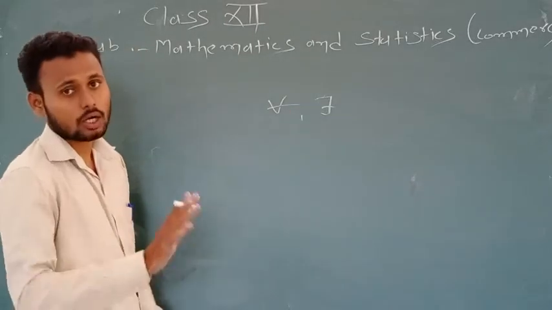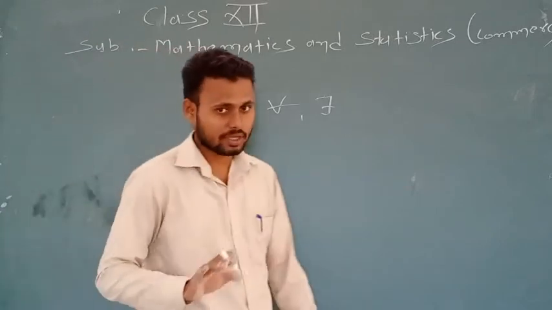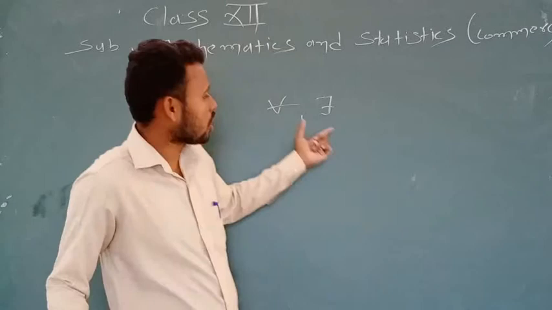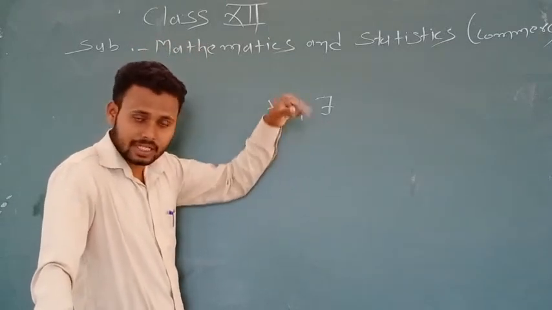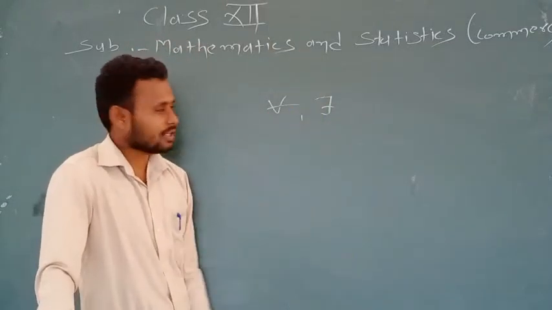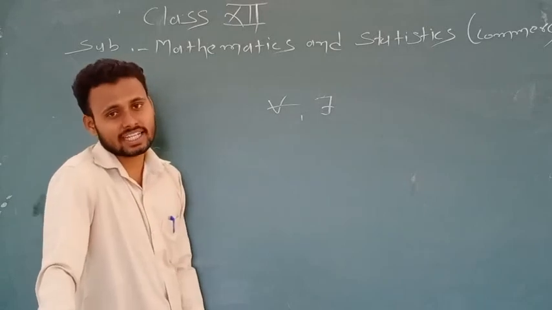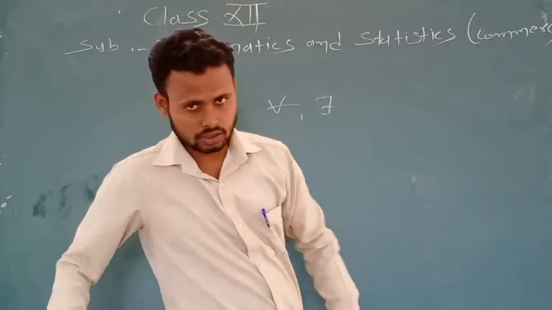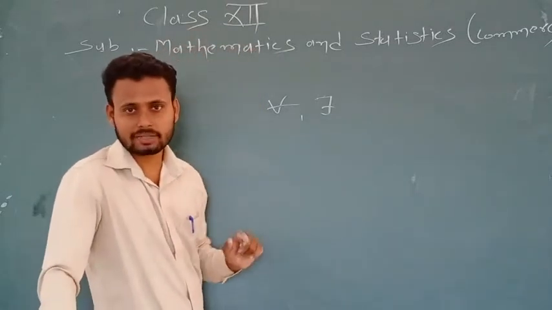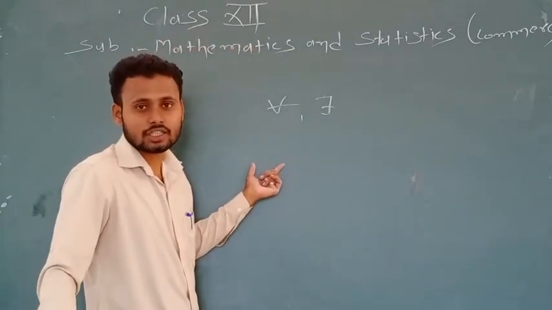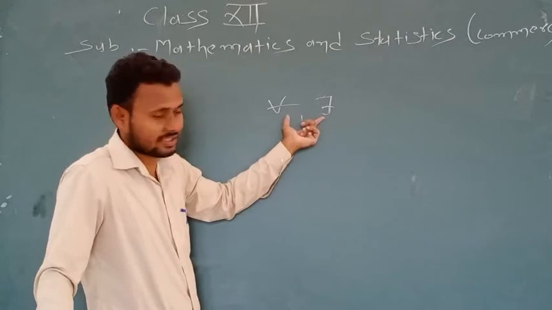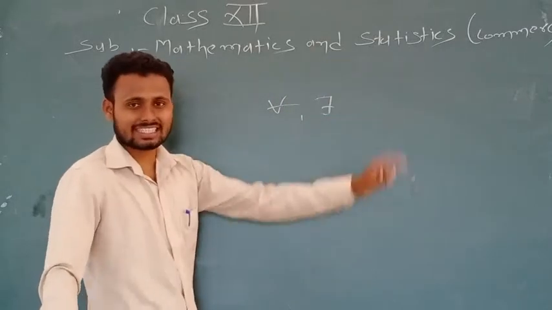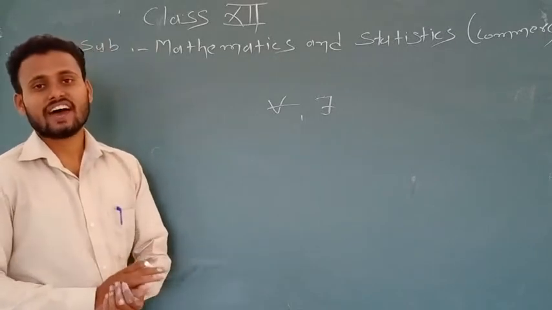We know that an open sentence is not a statement, but an open sentence with quantifiers for all and there exists becomes a statement, and that statement is called a quantified statement.